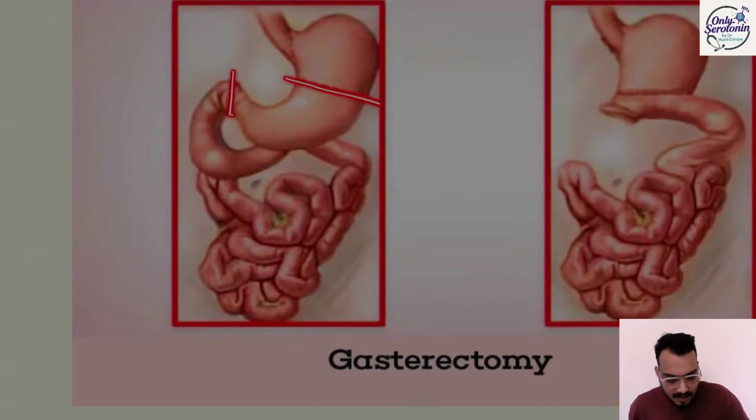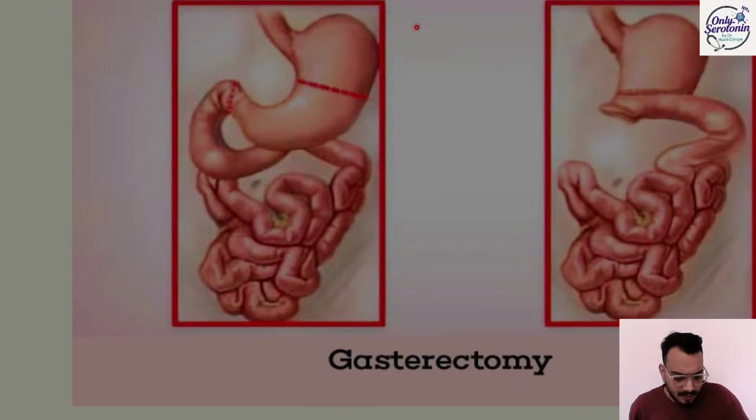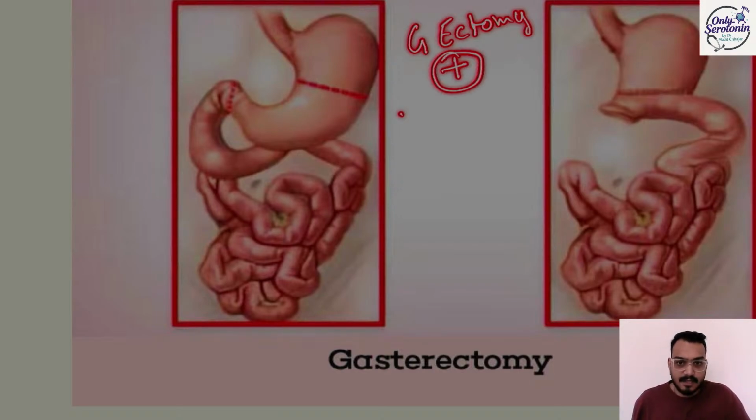Gastrectomy is cutting the part of the stomach, throwing it outside from the body, and then connecting the ending of your stomach with the side of your duodenum. With that, you are going to join the ending of the stomach with the side of the duodenum. This joining is known as what, guys? This joining is known as anastomosis.